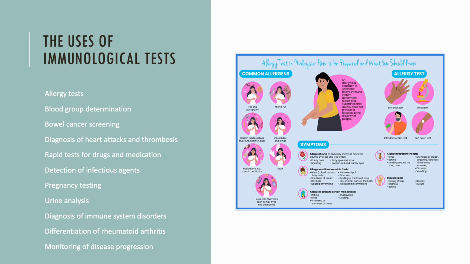Immunological tests can also be used to diagnose congenital or acquired diseases of the immune system, differentiate between different forms of rheumatoid arthritis, or monitor the progression of an existing medical condition such as certain types of cancer, like prostate cancer, where the PSA levels in blood are monitored.